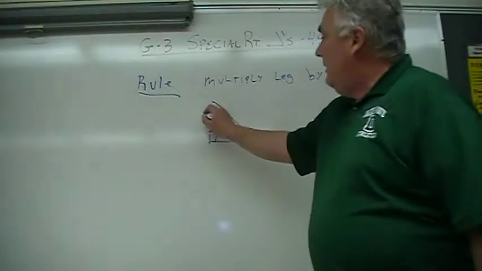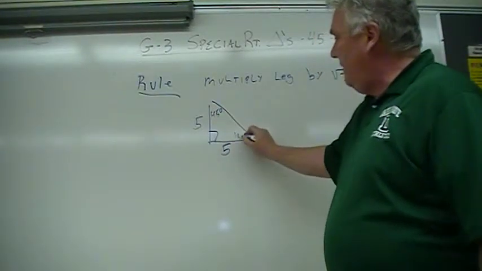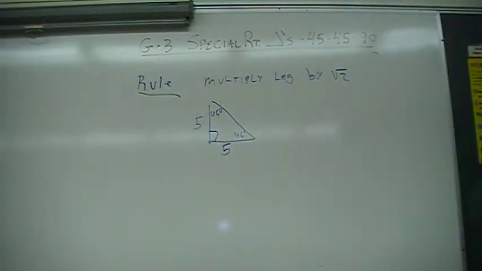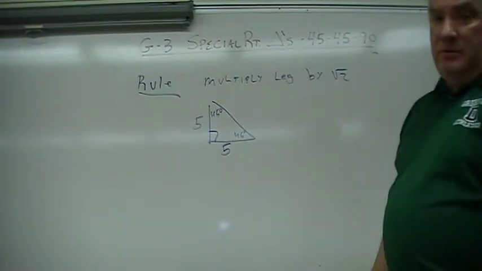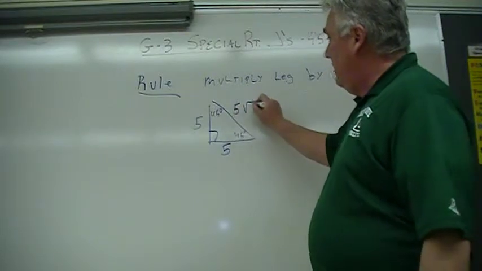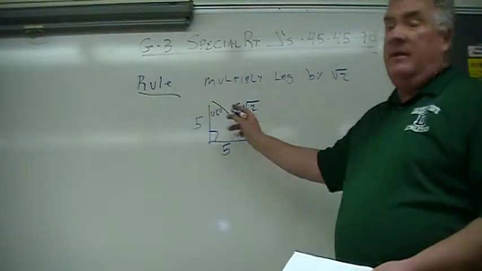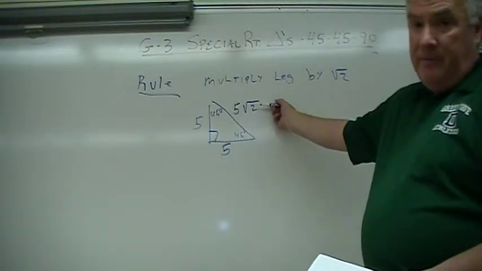If this is a 5 and this is a 5, so we know that it's 45 degrees, 45 degrees, and 90 degrees, we multiply the leg by the square root of 2. So all you have to do is go 5 times the square root of 2. If you were going to do this with your calculator to actually find the distance, not in radical form, this is in radical form.